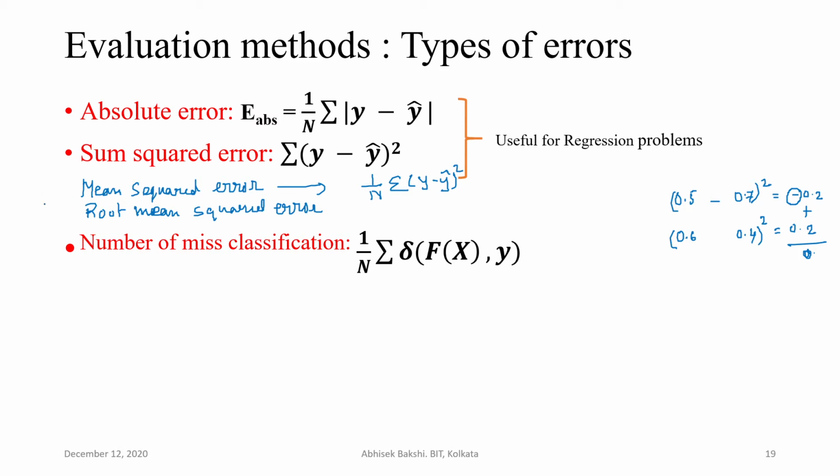These are called SSE, MSE and RMSE. Generally nobody will say sum square error, they will say SSE, MSE or RMSE, and you can understand that. Root mean square error takes a root over all of this.